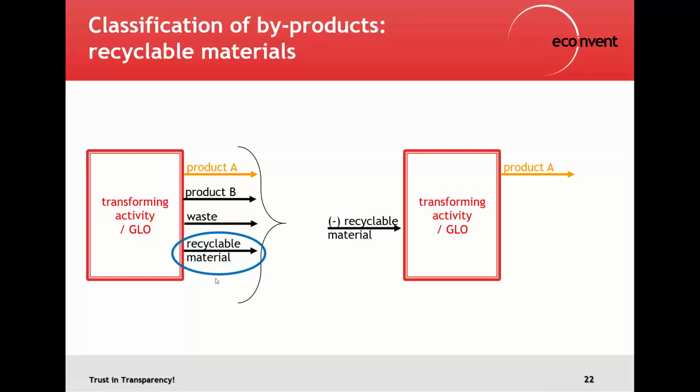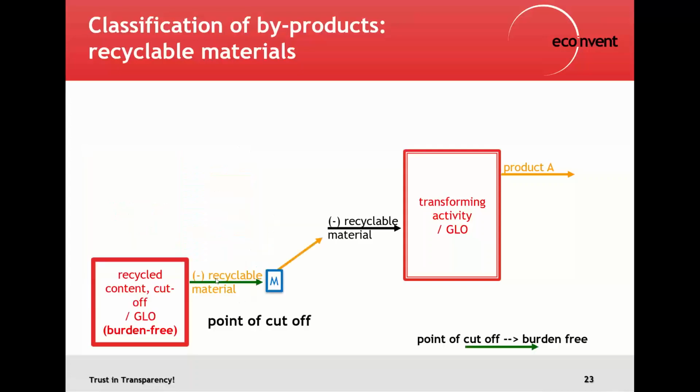They will also be modeled as negative inputs, same as the wastes, but they will be cut off from their producing activities. They will be delivered burden-free to the activity that is disposing of those recyclable materials, through the creation of this recycled content cutoff activity, which is an empty activity and it's burden-free.